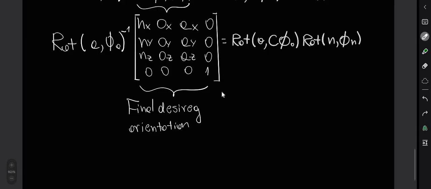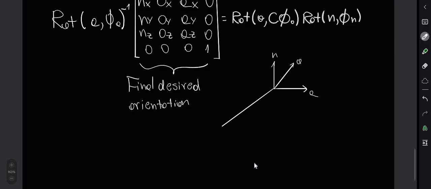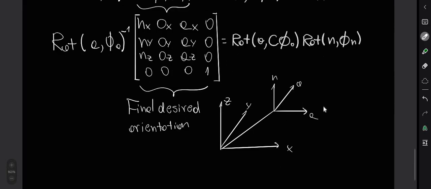So, desired position, final desired orientation, we can say by the elements, because right here we have this reference frame, NOA, whatever, and link it to another reference system, probably Z, Y, X, and as you can see, N referenced to X, O referenced to X, A referenced to X, and so on and so forth.